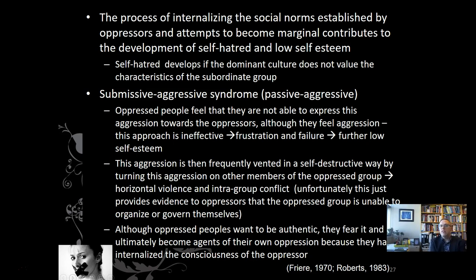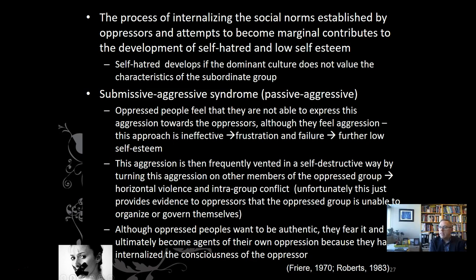As we internalize the social norms established by oppressors and attempts to become marginal, this contributes to the development of self-hatred and low self-esteem. As we internalize oppression, we start to think, oh, we're not as good, we're not worth as much, and we start to get self-hatred. And it develops if the dominant culture doesn't value the characteristics of the subordinate group.